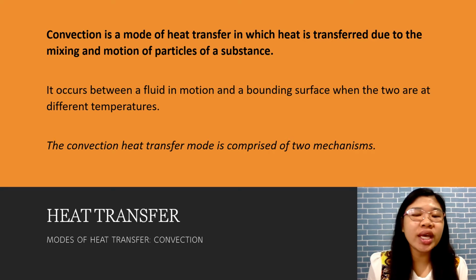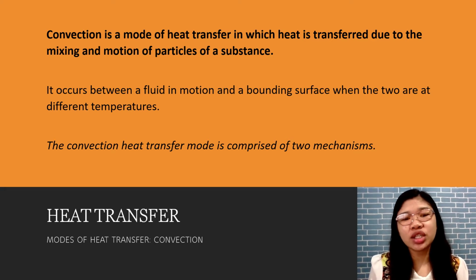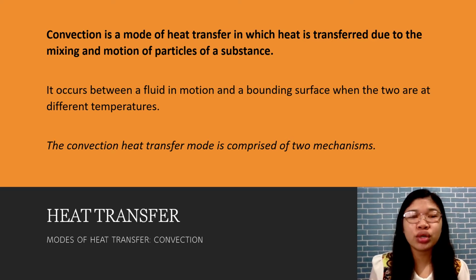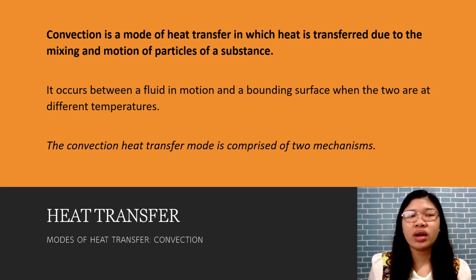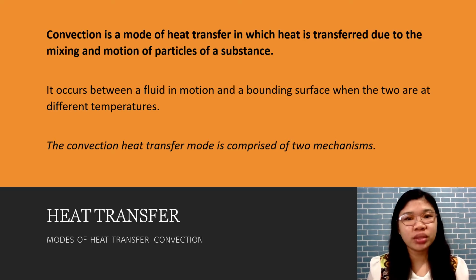The convection heat transfer mode is comprised of two mechanisms. So what are those? In addition to energy transfer due to random molecular motion, which is also termed as diffusion, energy is also transferred by the bulk, or what we also term as macroscopic motion of the fluid.